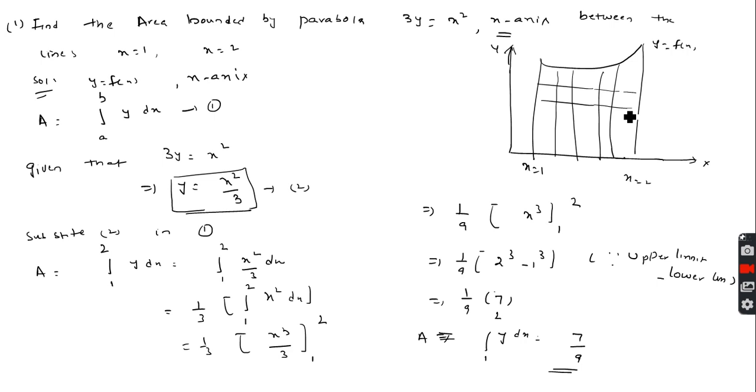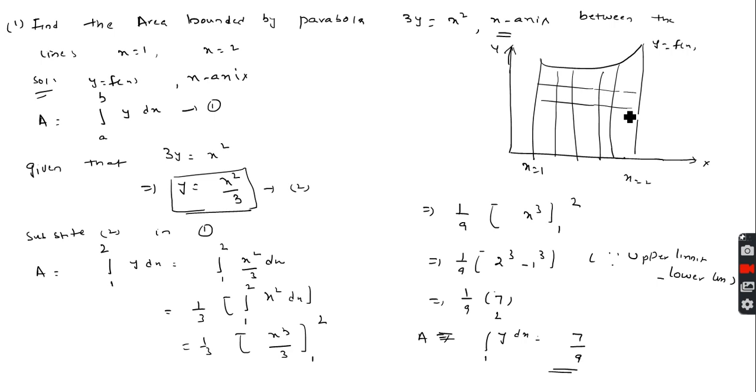The given question is: find the area bounded by the parabola 3y equal to x square, the x-axis, and between the ordinates x equal to 1 and x equal to 2. Since it is the x-axis, the area is the integral from a to b of y dx.